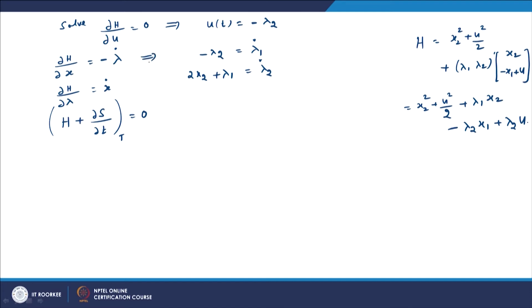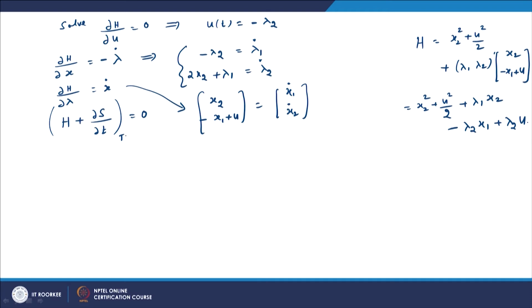So, this implies these two equations, and del h by del lambda, if you see, that is nothing but the function x itself, it is x2 and minus x1 plus u, that is the left hand side, equal to x1 dot, x2 dot, that is from the third equation. This equation implies this one.